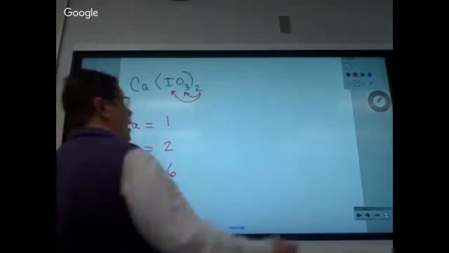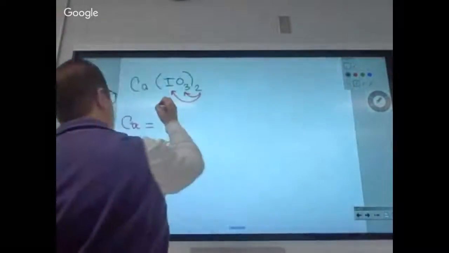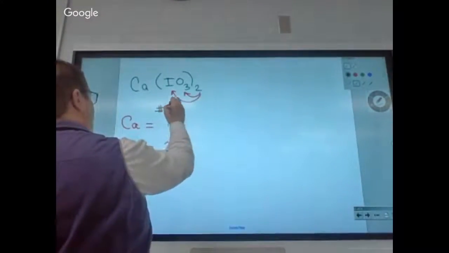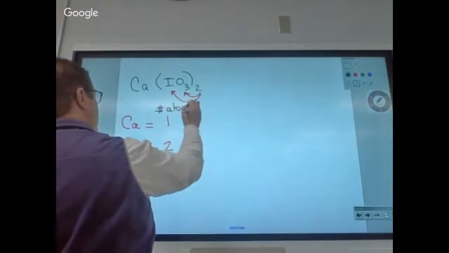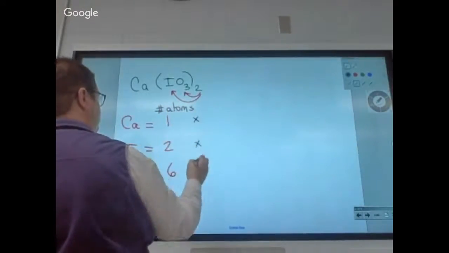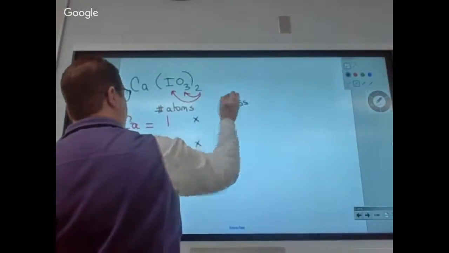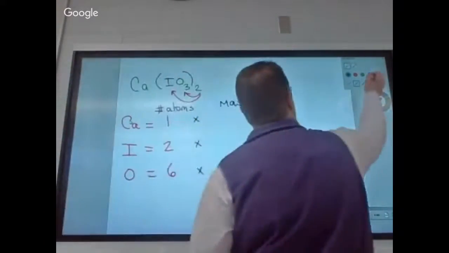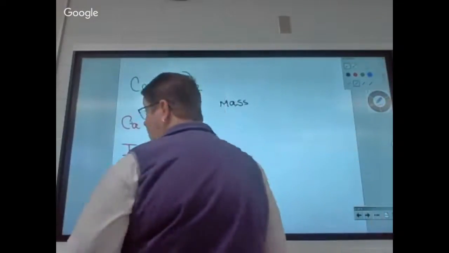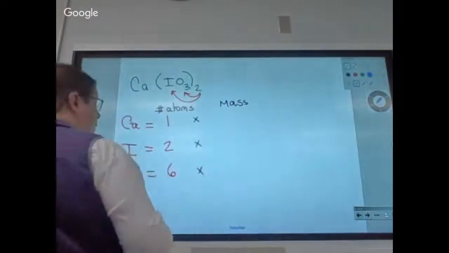So in case somebody doesn't know where that came from, write number of atoms in your notes, times the mass. Where do you suppose the mass comes from? The periodic table is correct.